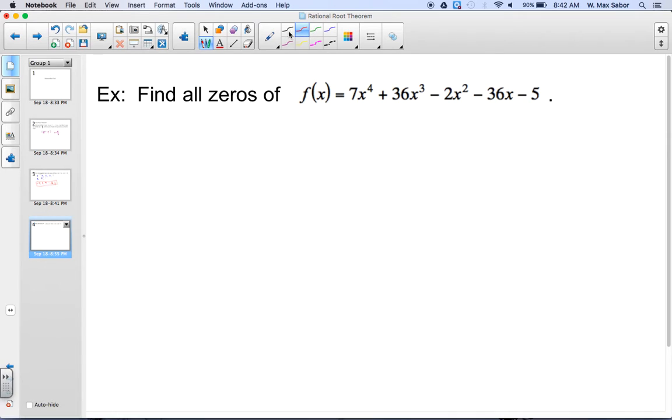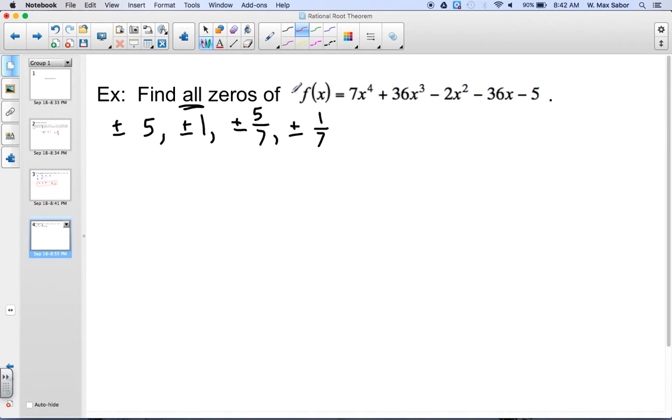Find all zeros of this. So let's find the possible rational zeros first. We have plus or minus 5, plus or minus 1, plus or minus 5/7, and plus or minus 1/7. Those are the possible rational zeros, but I didn't ask for the possible ones. I asked for all of the zeros.